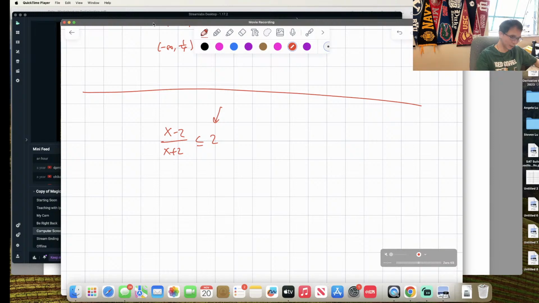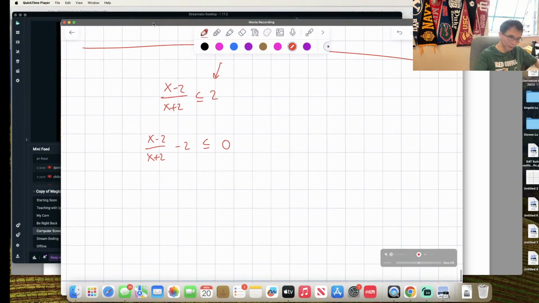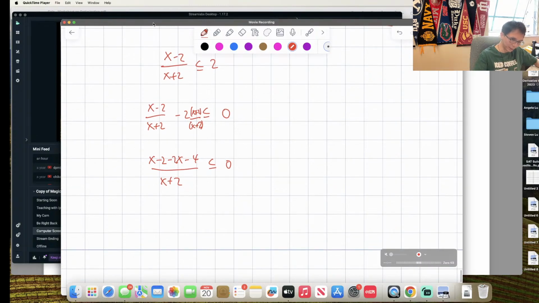So you want to set (x minus 2) over (x plus 2) minus 2 less than or equal to 0. Does that make sense? And you have to combine these fractions. So when you combine, there's going to be x plus 2 over x plus 2. So if you do that, it's going to be x minus 2 minus 2x minus 4 over x plus 2, less than or equal to 0. So you need to do some math here. This is negative x minus 6 over x plus 2.